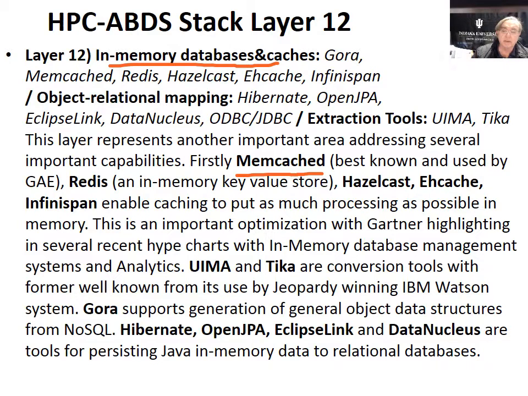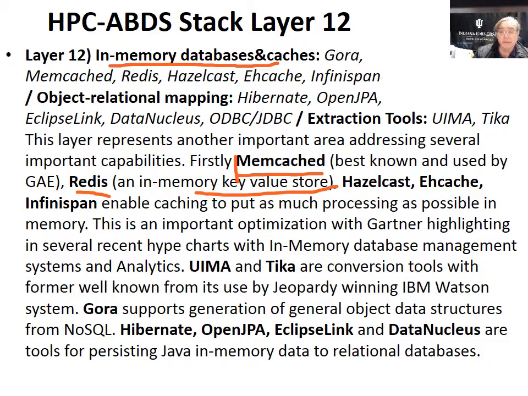All these famous internet systems use this type of technology. Google App Engine is well known to use Memcached as its caching technology. Redis is an in-memory key value store, and Hazelcast, EHCache, and Infiniband are all supporting this caching so that they minimize the amount of time you have to spend accessing disk.